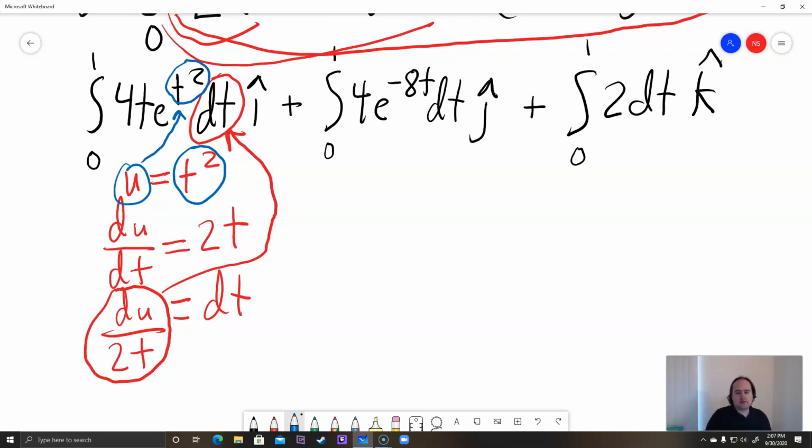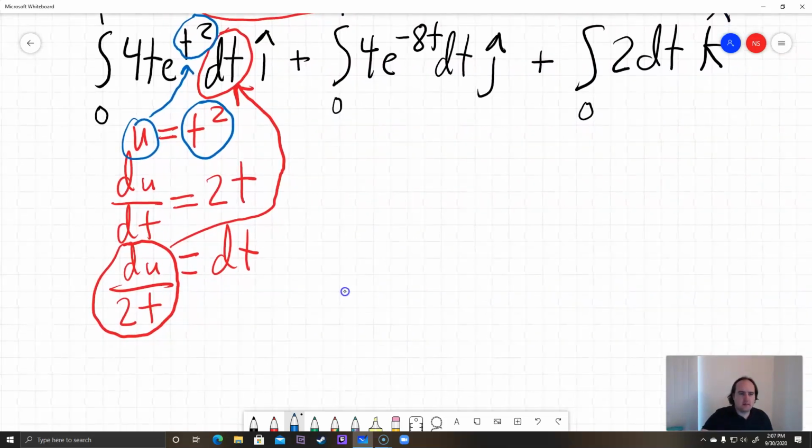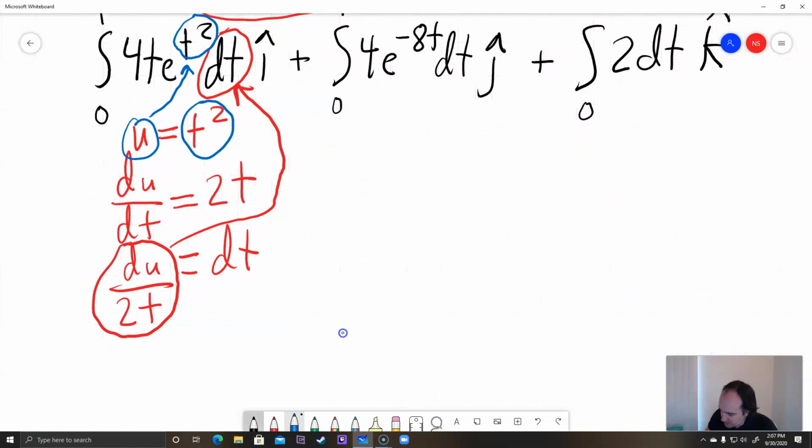After we do all that, our first integral is going to simplify a little bit. We're going to have the integral of 4t times e to the u times dt, which is du over 2t.